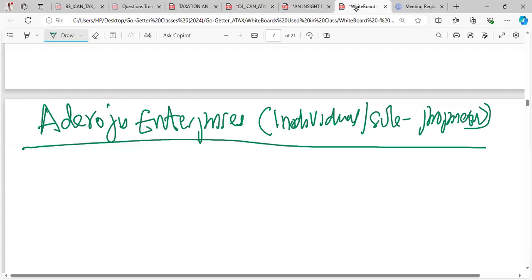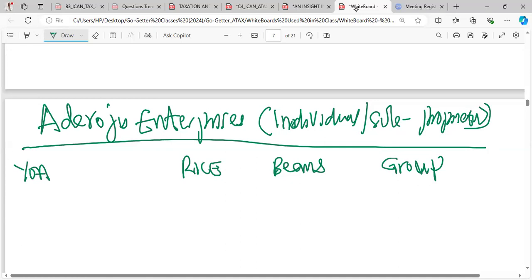So this is going to be group. This is going to be beans. This is going to be rice. This is going to be year of assessment. This is going to be description. I don't need to start writing the basis period anymore because they are all the same basis period.